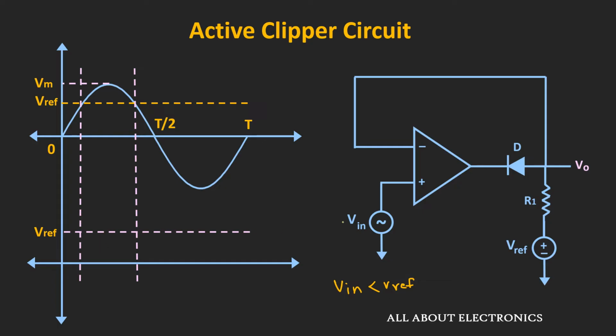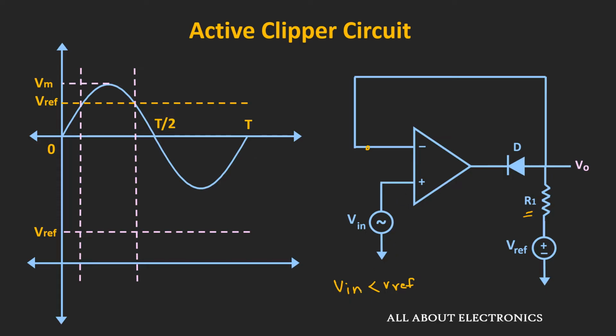If you see over here, the voltage at the inverting terminal of the op-amp is equal to the reference voltage, because as we know, no current will flow into the op-amp terminal, and due to that there won't be any voltage drop across this resistor R1. So this reference voltage will directly appear at the inverting terminal, and the input voltage is applied at the non-inverting terminal.